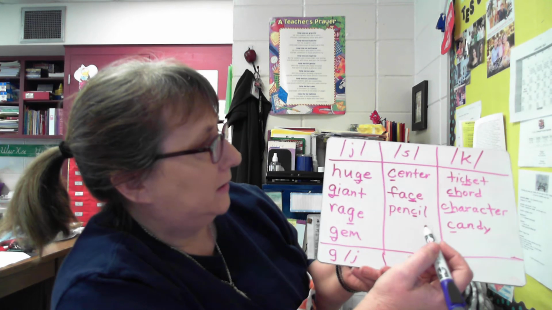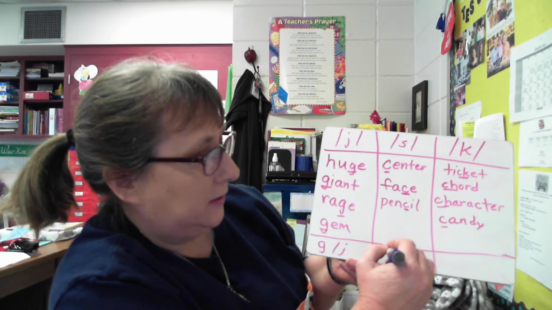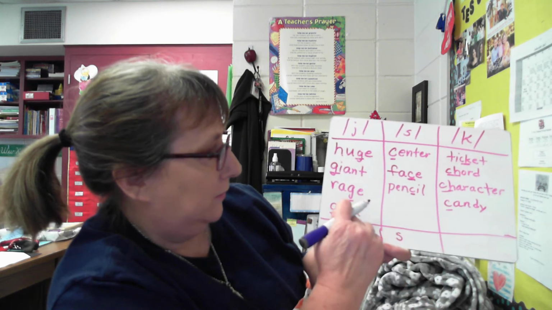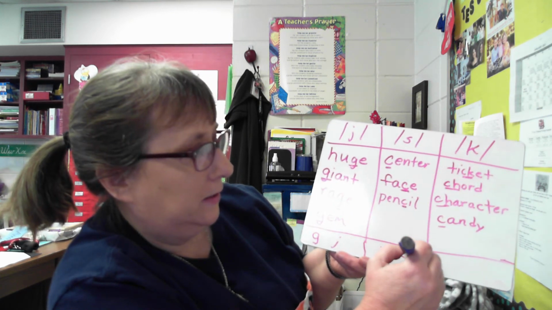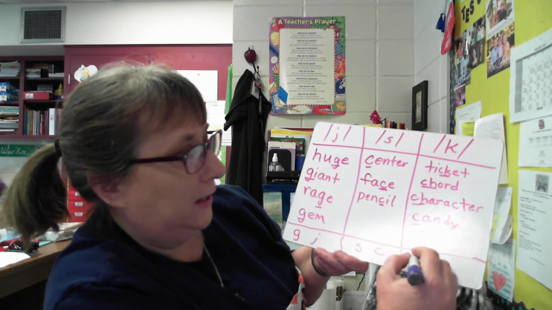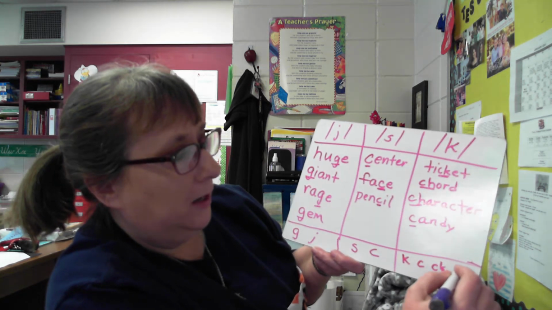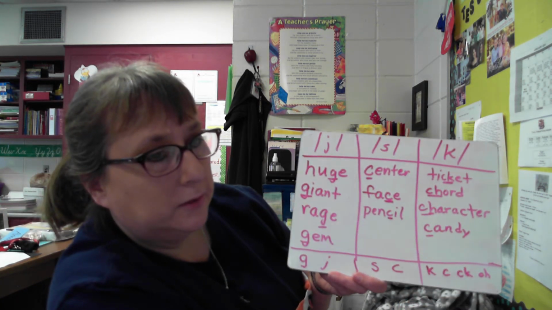Alright, and the S sound. Remember what two letters make the S sound? The obvious sound is S, and the other letter is C. Alright, now for the K sound, lots of them. We have K, we have C, we have CK, and we have CH that we've learned this week. Okay, guys?